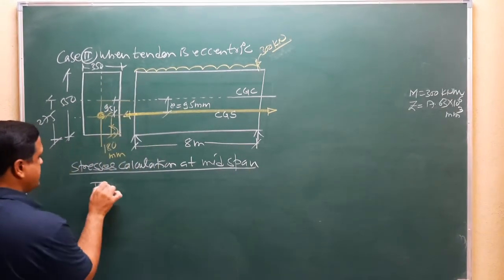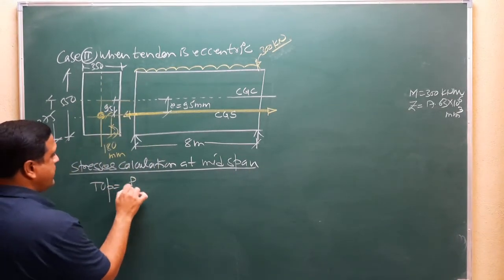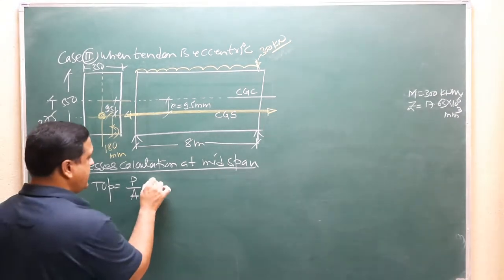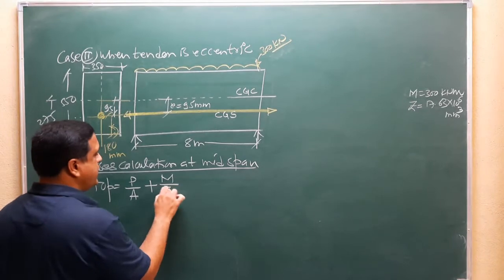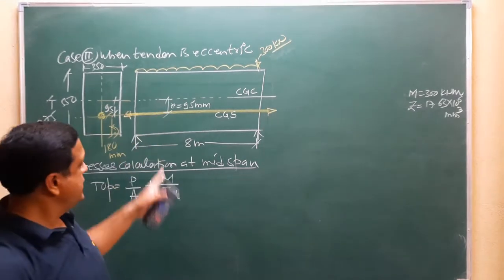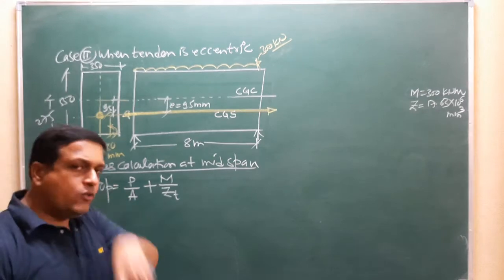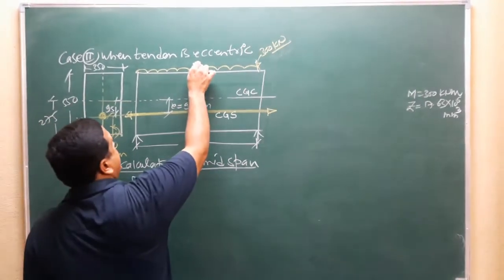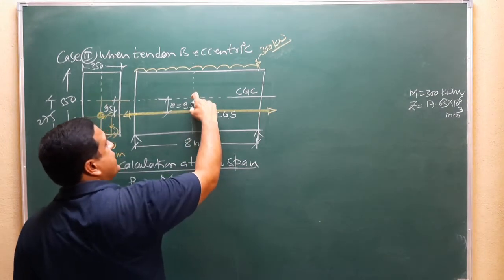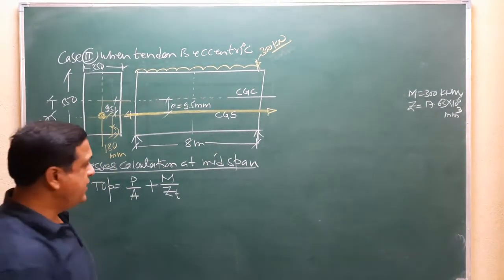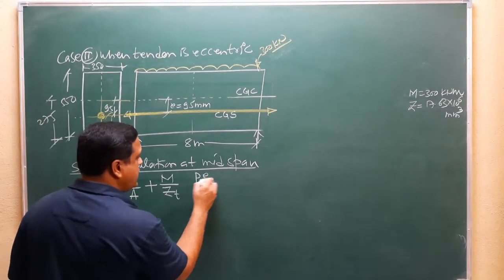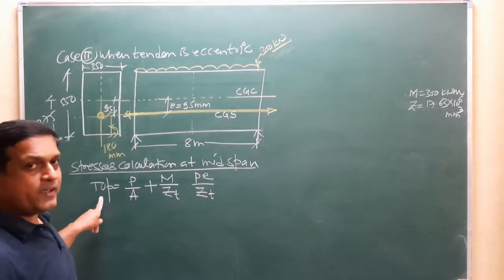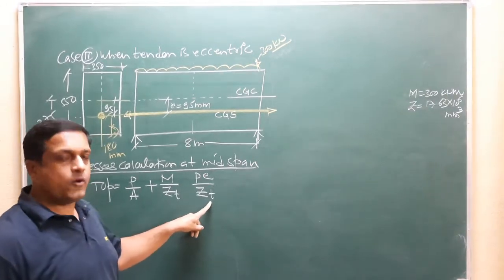Now what is the top fiber stress? The direct stress due to prestressing force is the same, P by A, plus the bending stress due to the external load, M by Z. Now there is one more stress developed at center due to the eccentricity of the tendon, P into e by Z top.